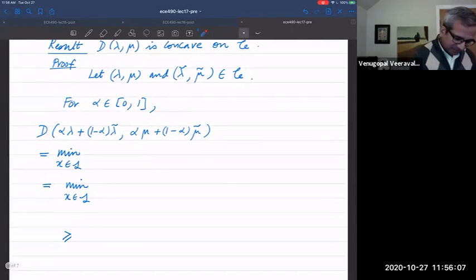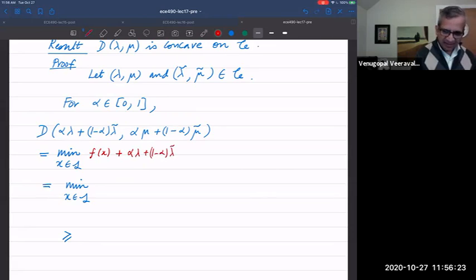So it's a minimum of f(x) plus the Lagrange multiplier with this convex combination, which is alpha lambda plus (1 minus alpha) lambda tilde, transpose h(x), plus alpha mu plus (1 minus alpha) mu tilde transpose g(x).